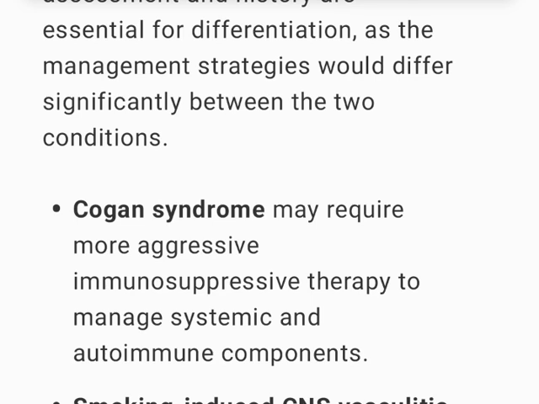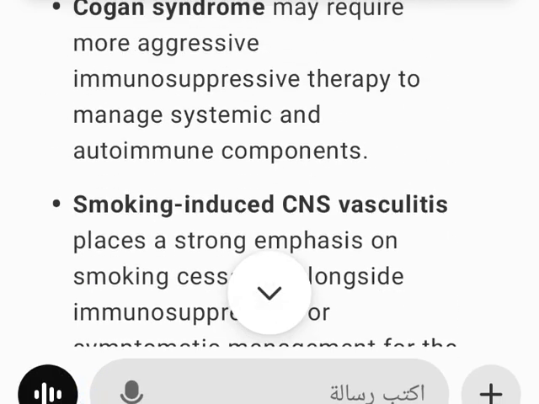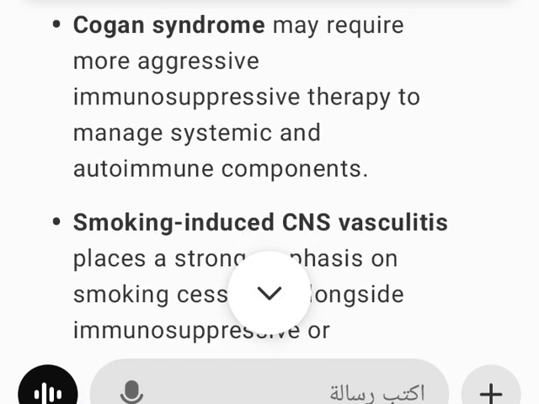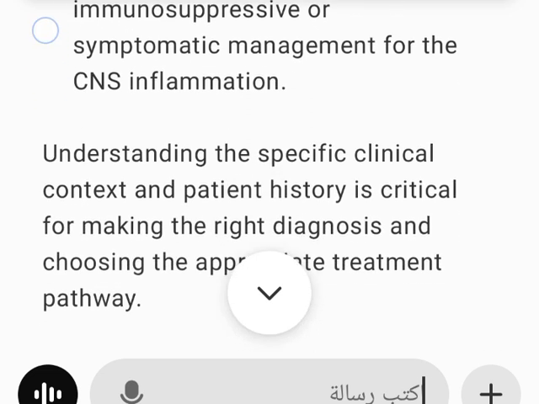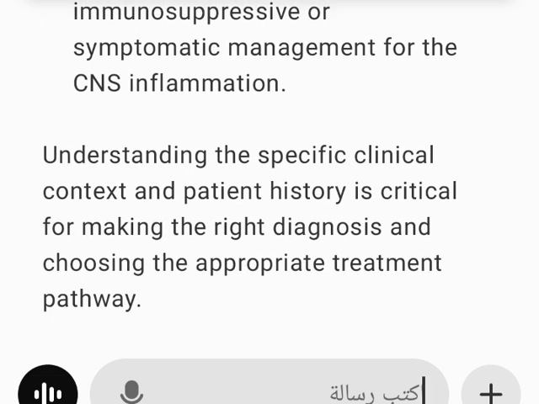Cogan syndrome may require more aggressive immunosuppressive therapy to manage systemic and autoimmune components. Smoking-induced CNS vasculitis places a strong emphasis on smoking cessation alongside immunosuppressive or symptomatic management for the CNS inflammation. Understanding the specific clinical context and patient history is critical for making the right diagnosis and choosing the appropriate treatment pathway.